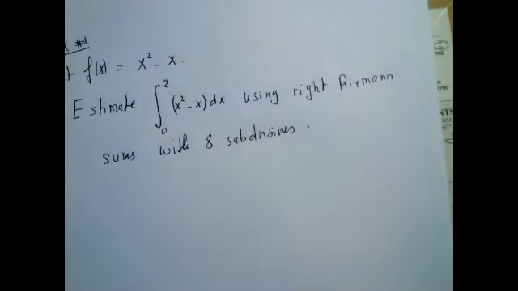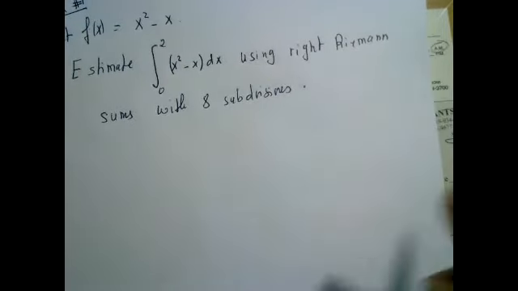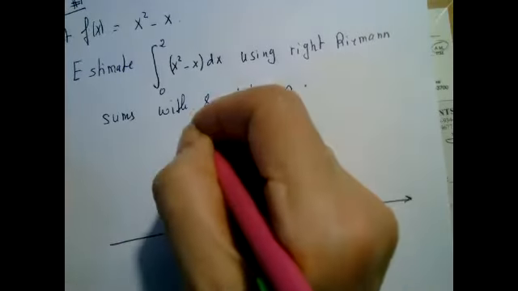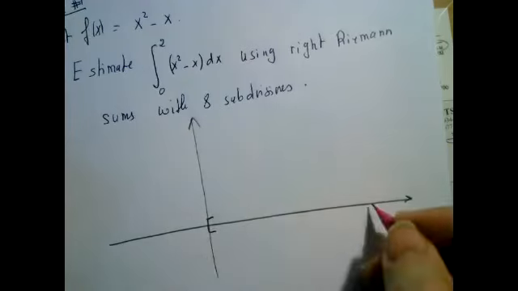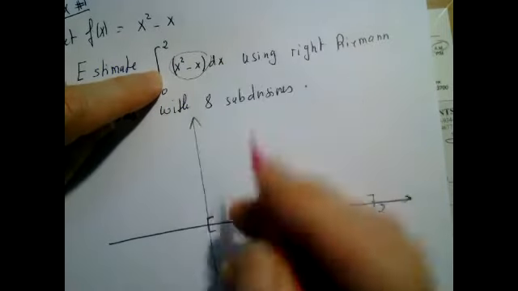Before we do the estimate, let's see the picture of what's really happening. My interval is 0 to 2, and my function is x squared minus x.